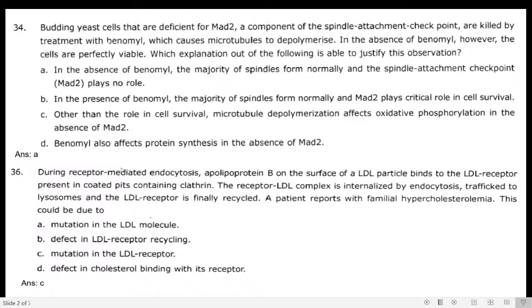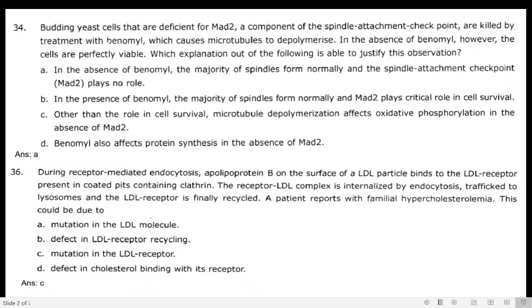And the next question: during receptor mediated endocytosis. In the cell system, receptor mediated endocytosis is very important.